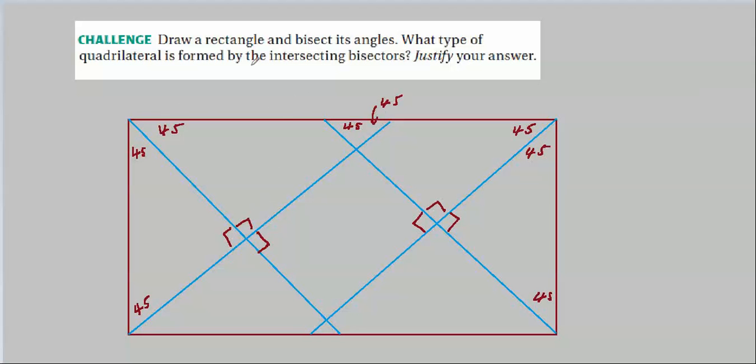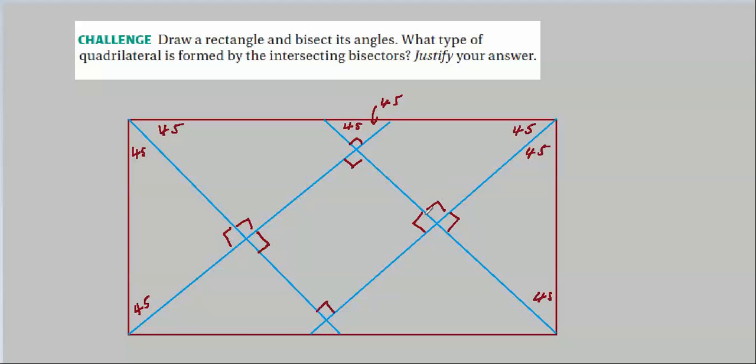This is 90 degrees, but if this angle is 45 and this angle is 45, then this one must be 90. And that means this one is 90. And now I think we're done because we've got 3 90-degree angles. 4 of them have to add up to 360. So this one is also a right angle. So now we know we got 4 right angles.